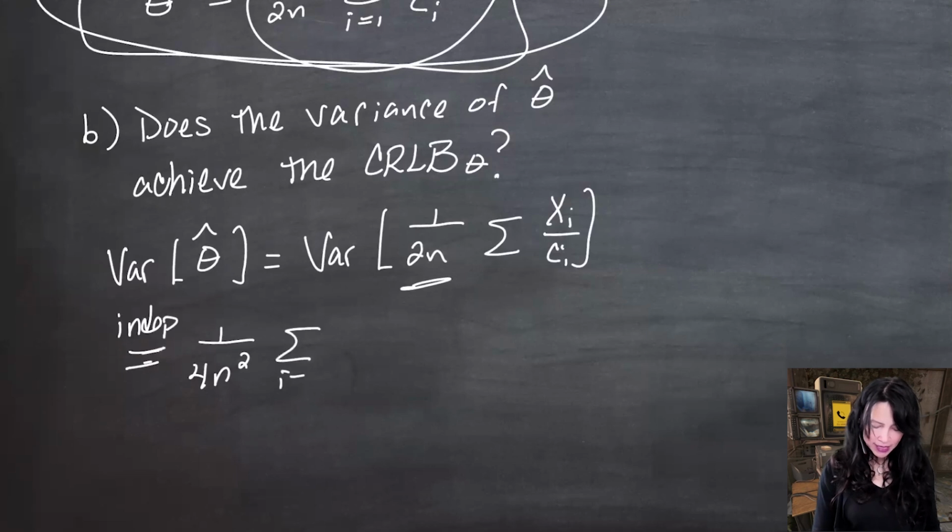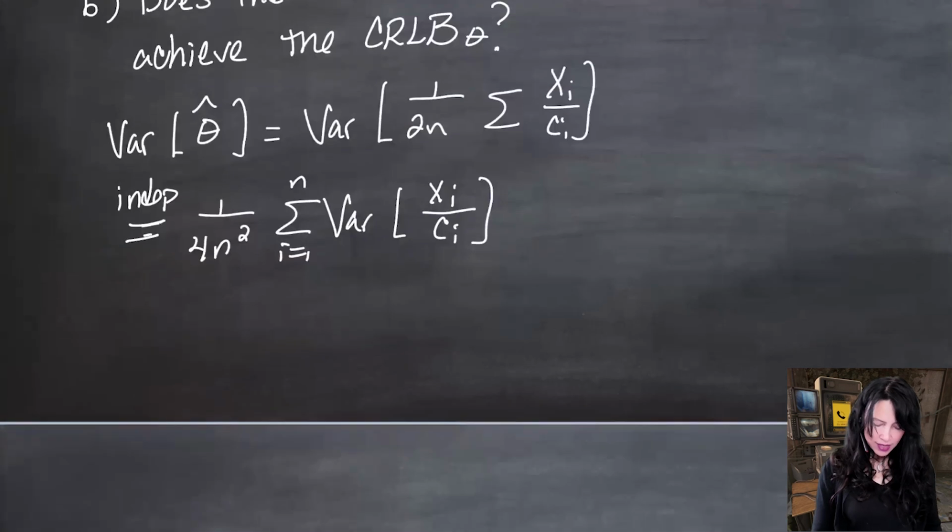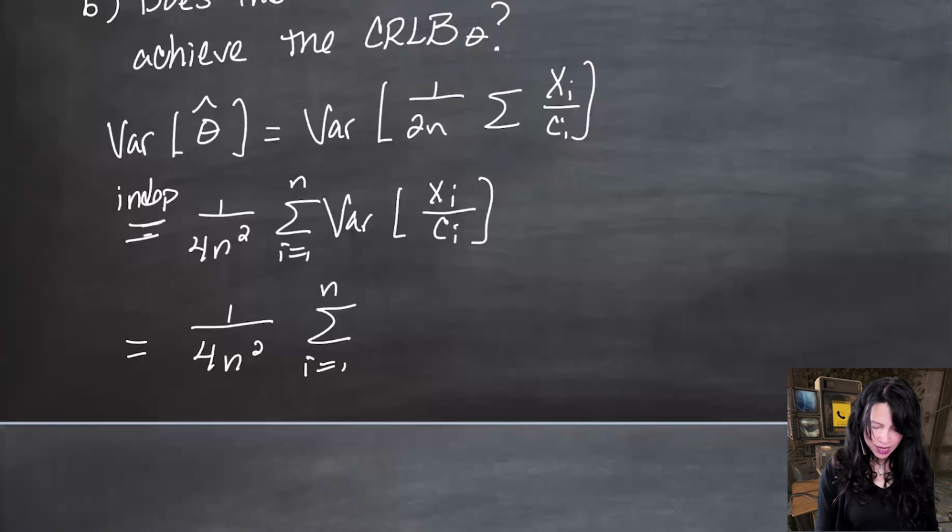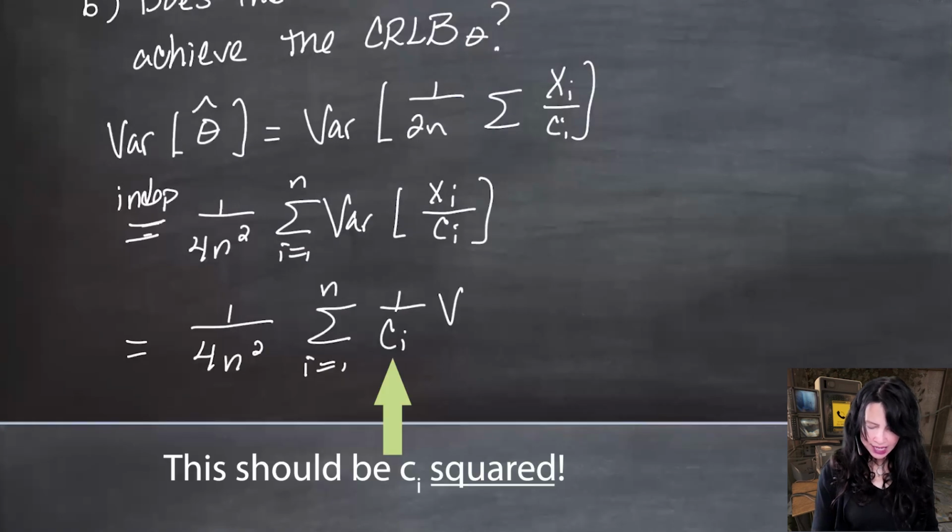Then I get the sum as i goes from 1 to n of the variance of x_i over c_i. And then I'm going to pull this constant out of the variance squared. So I get 1 over 4n squared, the sum as i goes from 1 to n of 1 over c_i squared times the variance of x_i.